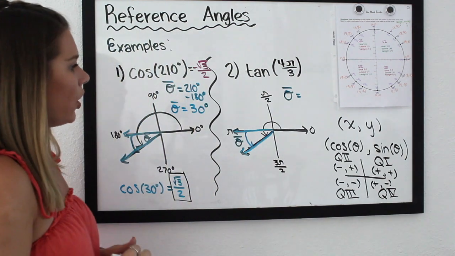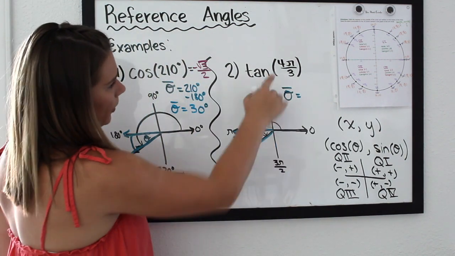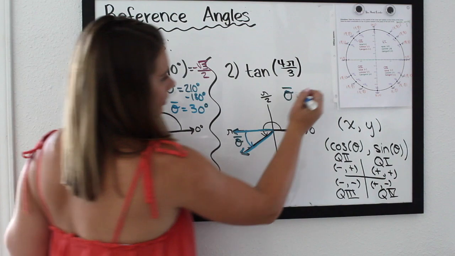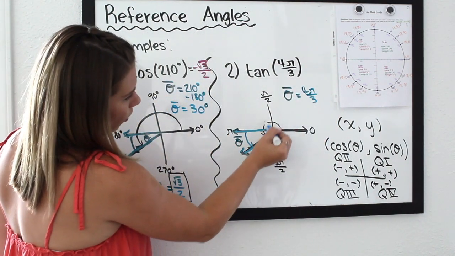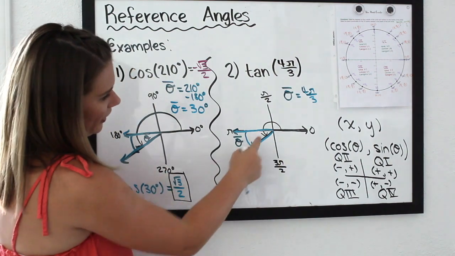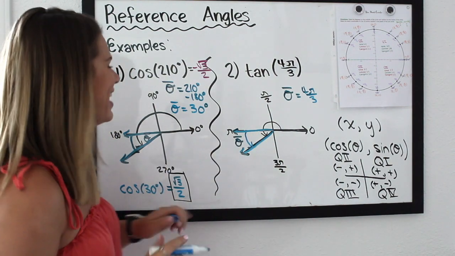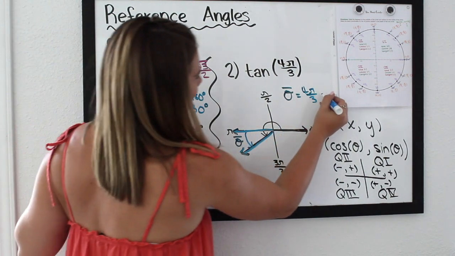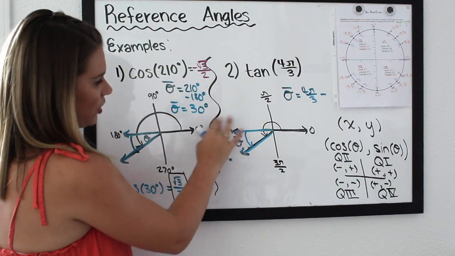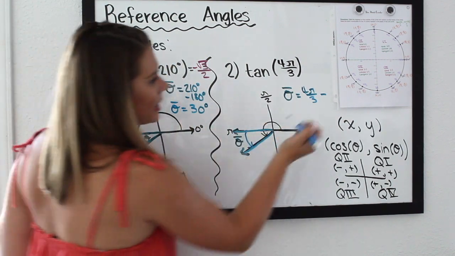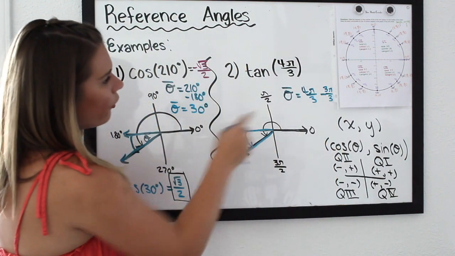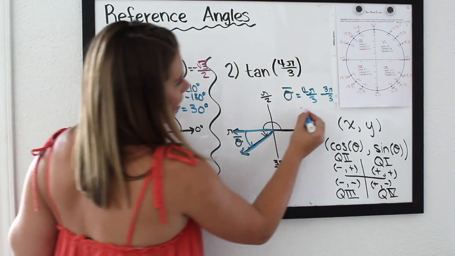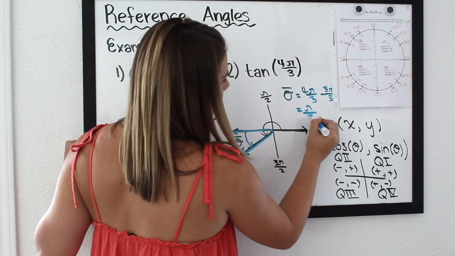Our full angle is 4 pi over 3, but I don't want this whole pi, I just want this little sliver. See what I did there? So I'm going to subtract pi. I'll change pi to 3 pi over 3, still equivalent. 4 pi over 3 minus 3 pi over 3 is pi over 3.